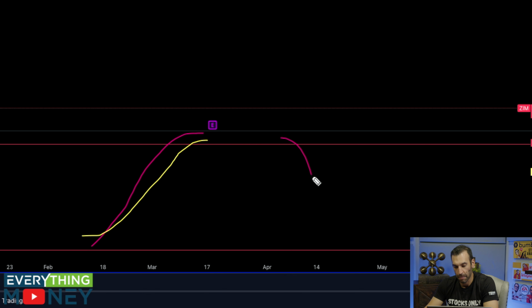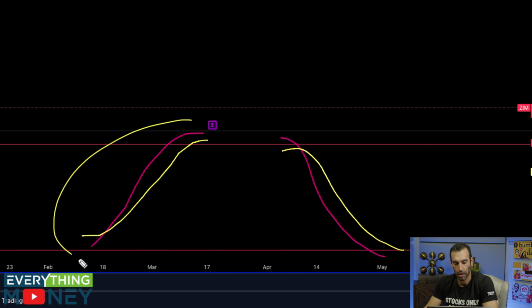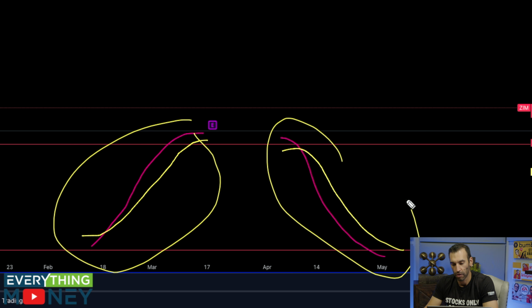We're waiting for it to come back down and go below 20%, and we're waiting for the yellow line to be above and go below 20%. That's the difference in the trend. So to go long, this is what you're looking for, red over yellow going to the top. And to go short, you're looking at red over yellow going to the bottom side. Very, very simple. That's really the simplicity of trading.